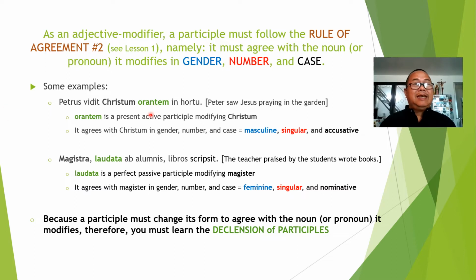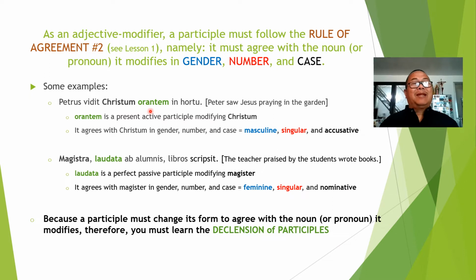It is in the accusative form. Why? Because it must agree with Christum, which is in the accusative form. Christum is masculine, orantem is masculine. Christum is singular, orantem is singular. So that is an example of the observance of the rule of agreement between the noun Christum and the present participle orantem.